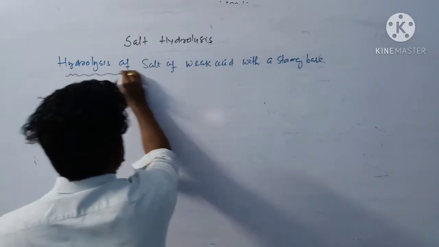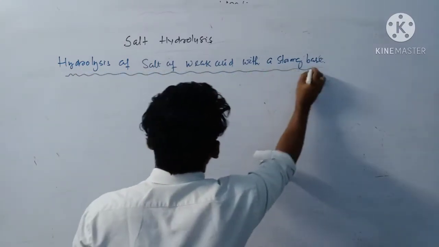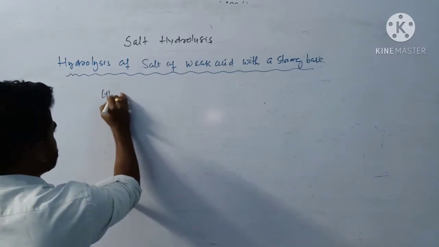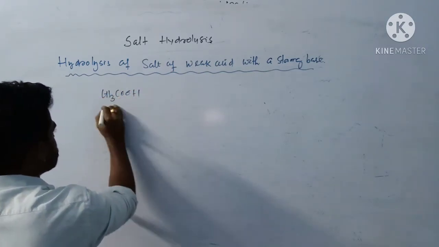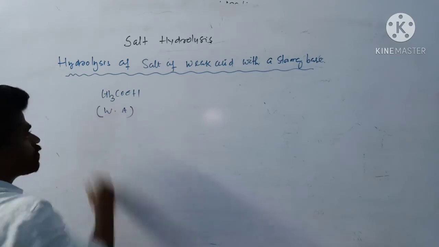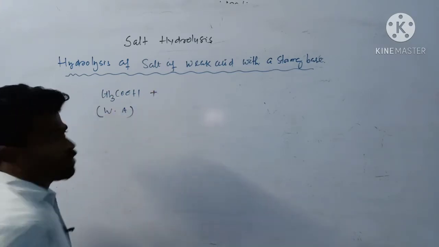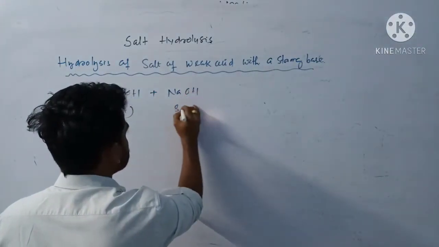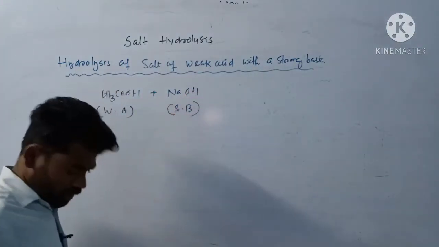So for a salt of this category, tell me students, weak acid, let's say acetic acid, this one is a weak acid, plus strong base, NaOH, strong base. Clear?